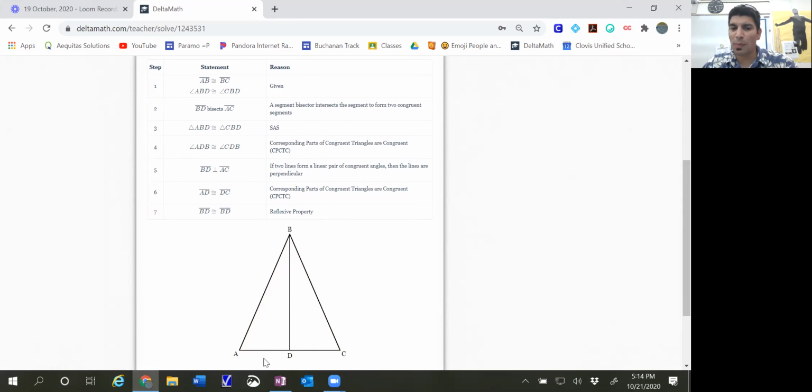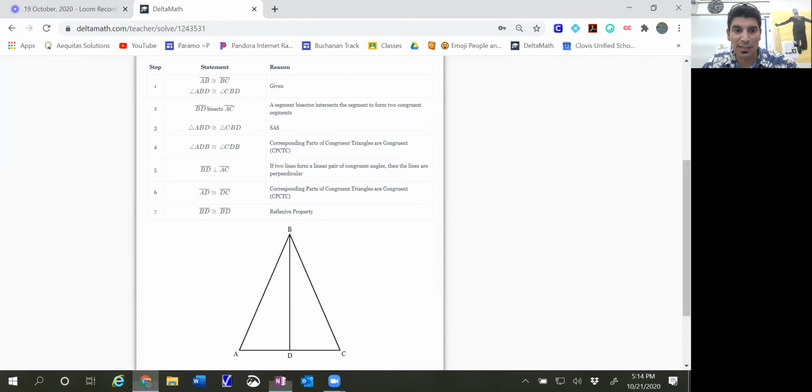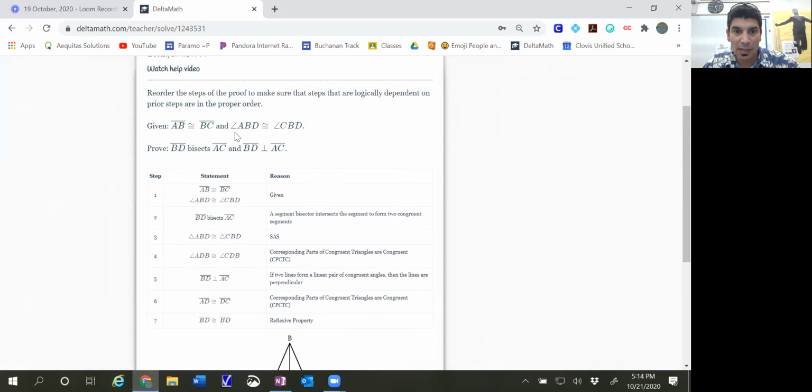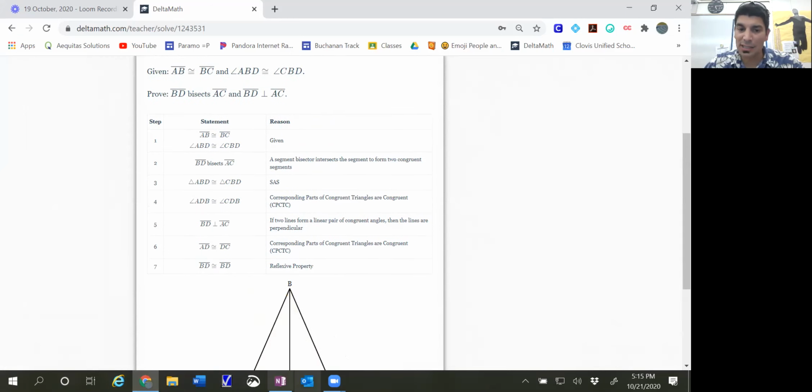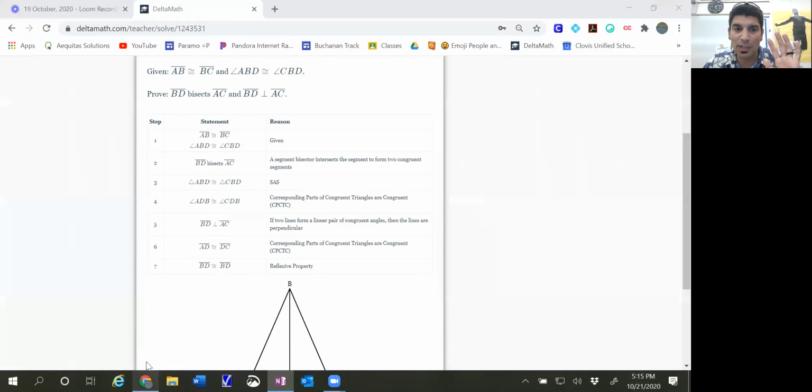Well, let's go back to our notes real quick. Given is always the first step. Let's check and make sure, okay? Given, given, given, given. Okay, so that's done. What you are trying to prove is always the last step. What are we trying to prove? We're trying to prove that BD bisects AC and that BD is perpendicular to AC.